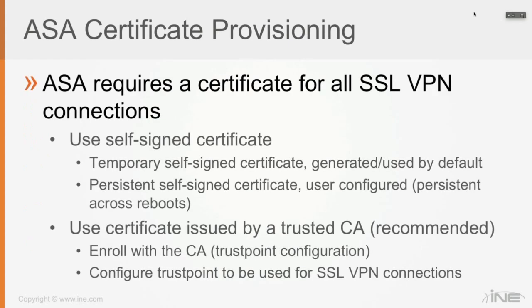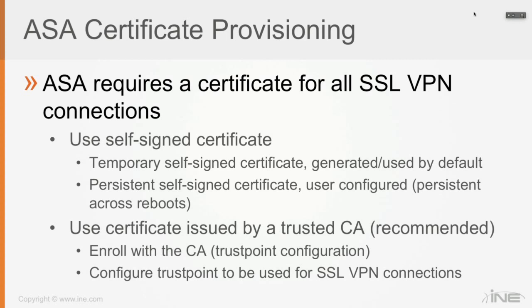So certificate provisioning, we have a couple of options. We can use the self-signed certificate, which means we can use the built-in, temporary self-signed certificate, or we can provision the ASA with a persistent self-signed certificate, which is user configured, of course, by yourself. The main difference between those two, temporary and persistent, because both of them are self-signed, stays in the name of the feature.